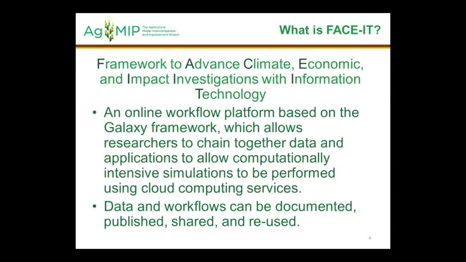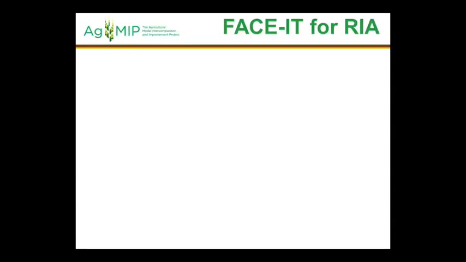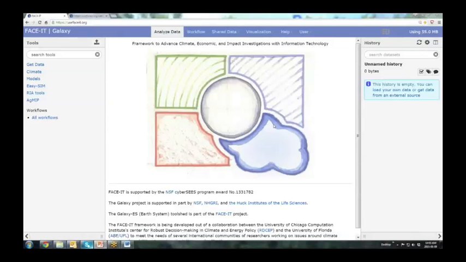So these data and workflows can be documented, published, shared, and reused. We've developed some applications specific to the AgMIP regional integrated assessments, and I'm going to give you a quick walkthrough of what some of those are related to the climate applications.